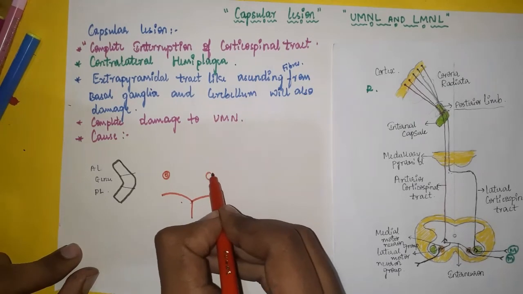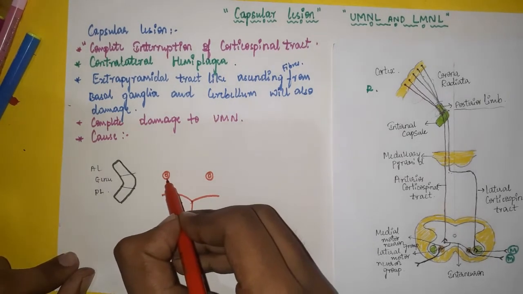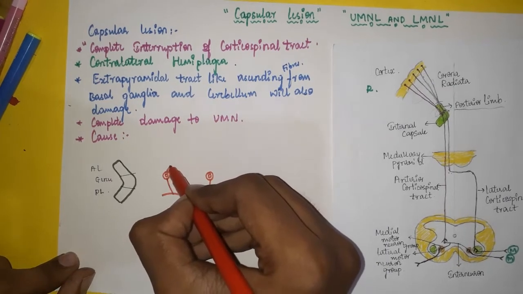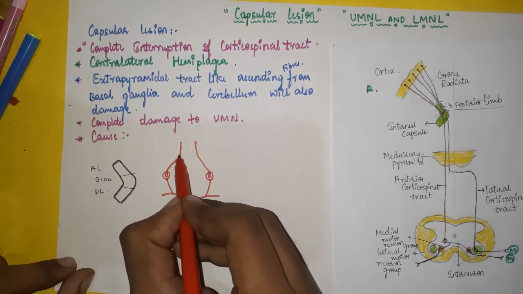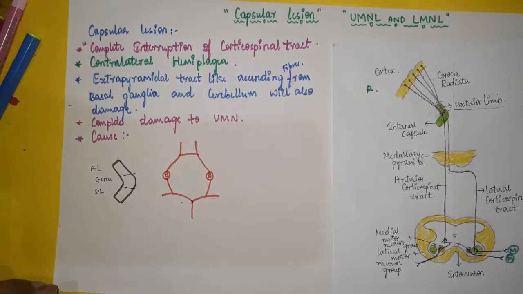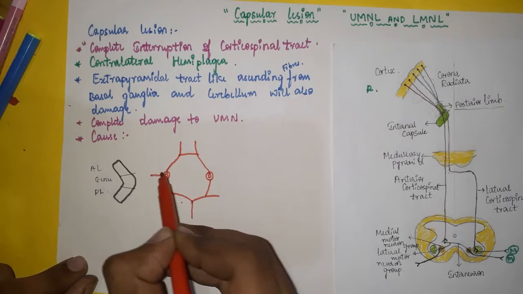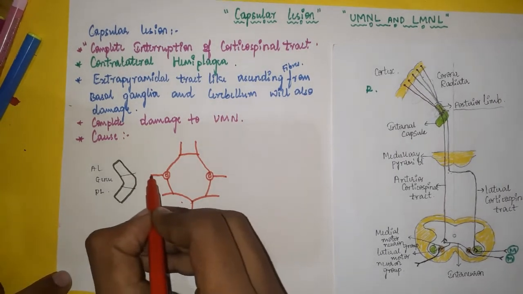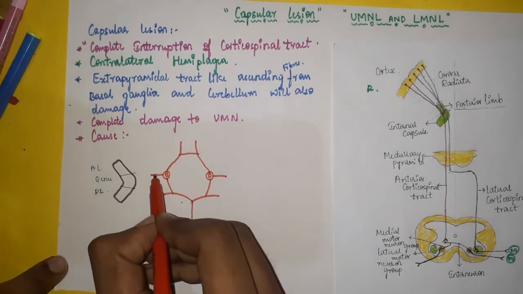As it runs vertically, that's why I am drawing the cross section. This is the posterior communicating branch, and from this anterior cerebral artery, this is the anterior communicating branch. Now this is the middle cerebral artery. Therefore the branches arising from the middle cerebral artery will supply the posterior limb.